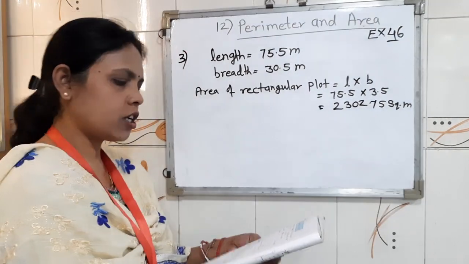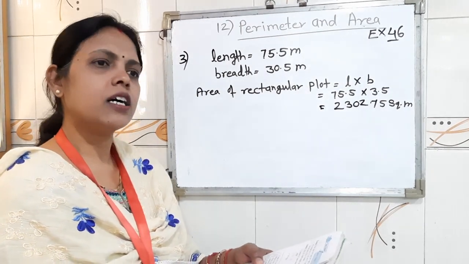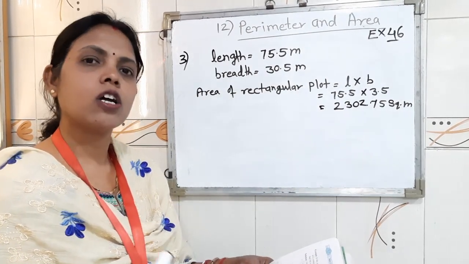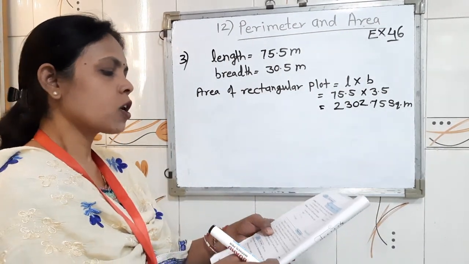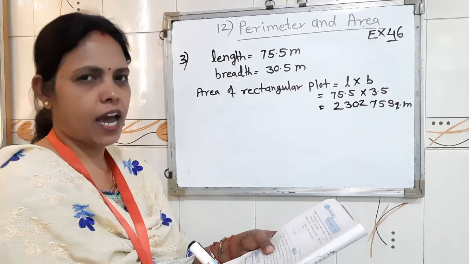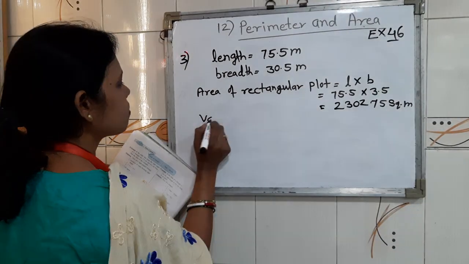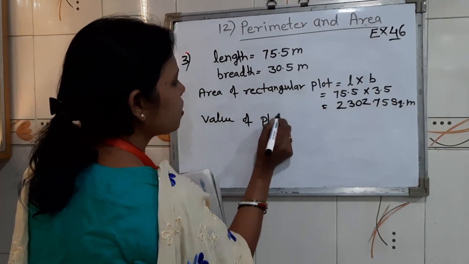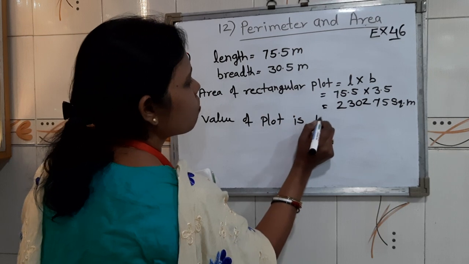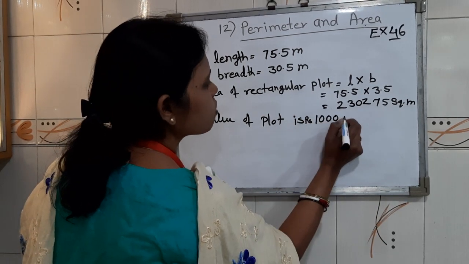After that, what is given? Now we are going to find out the value of the plot, and that rate is given, 1000 rupees per square meter. That's why write down the value of plot is 1000 rupees per square meter.